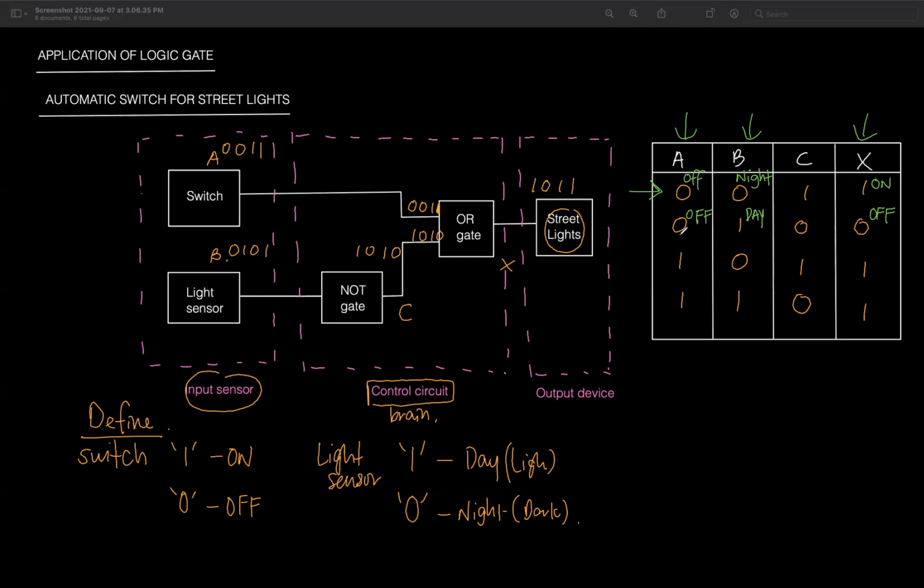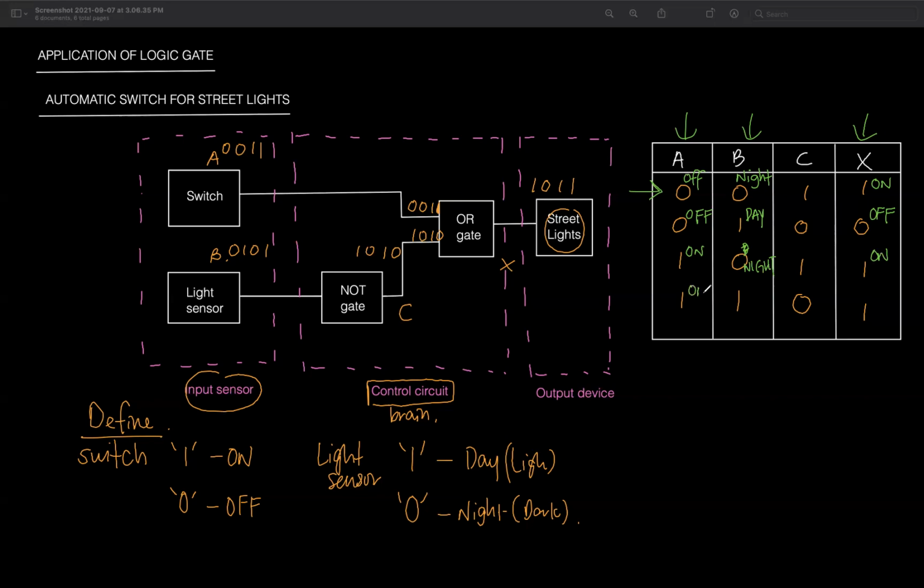Next one, if the switch is on, if you manually turn on the switch, then regardless of the light sensor, now it is in the dark, right? It is sensing no light. So this is nighttime. Regardless, you turn on the switch, this is on. You see the last line.